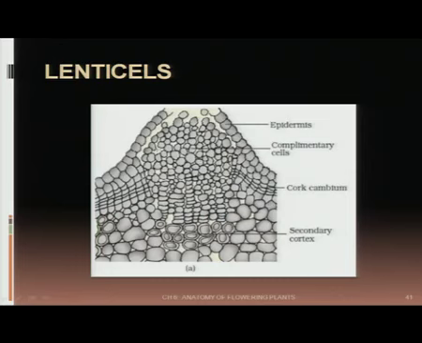These complementary cells are very loosely arranged, they are parenchymatous and they have raised a bit, and because of the formation of a lot of complementary cells here, the epidermis gets ruptured and a lens shaped opening is formed here. This opening is known as lenticel, and it will allow for the gaseous exchange. Otherwise, wherever the cork is present, the gases will not be able to be exchanged.